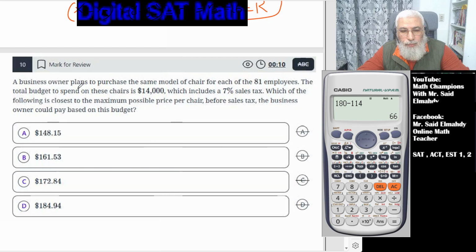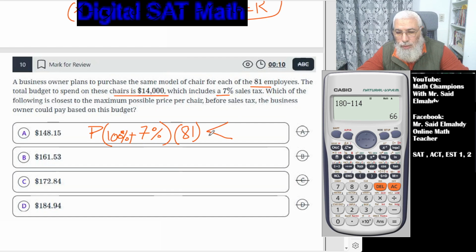A business owner plans to purchase the same model of chair for each of the 81 employees. The total budget to spend on these chairs is 14,000, which includes a 7% sales tax. So 100% plus 7% is 107%, multiplied by the price of one chair, multiplied by 81 chairs. This should be less than or equal to 14,000, because this is the budget.